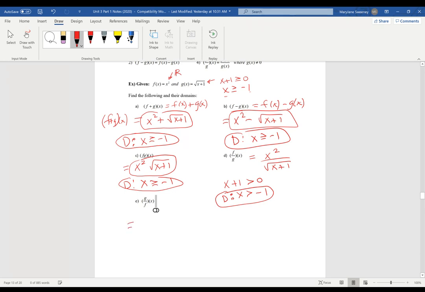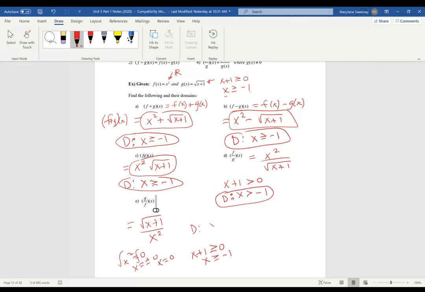Now for g over f, let's see, so that's this over this. Okay, so for domain, x plus 1 can be greater than or equal to 0, right? But x squared can't be equal to 0, which the only thing that would give x squared equal to 0 is x is 0.